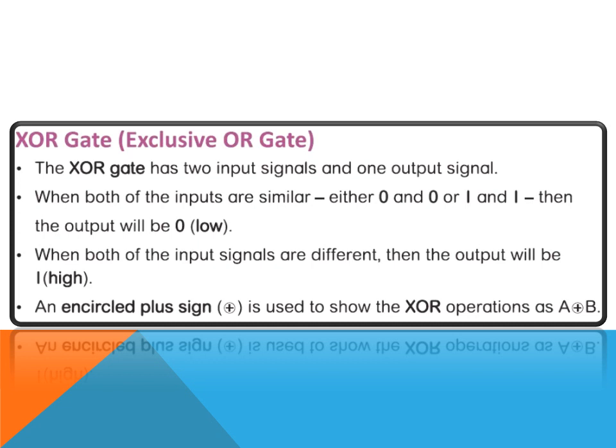An encircled plus sign, that means there is a plus sign and there is a circle around it, is used to show the XOR operation as A encircled plus B. So let us move on.